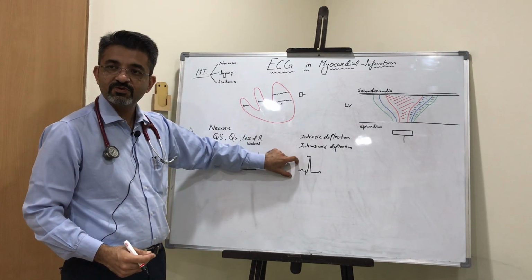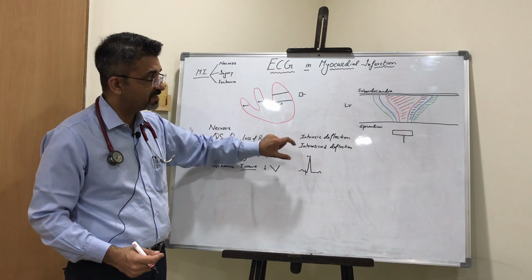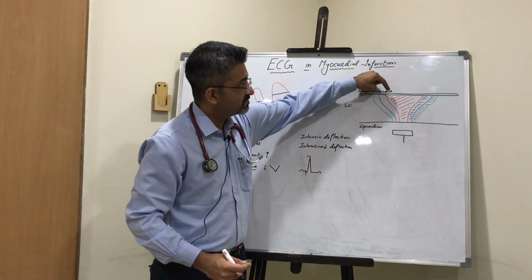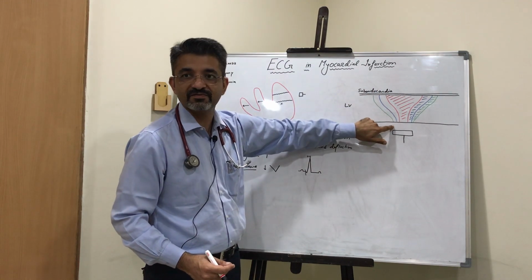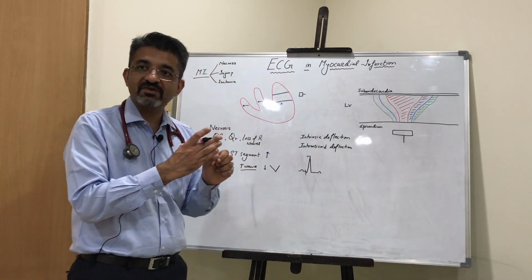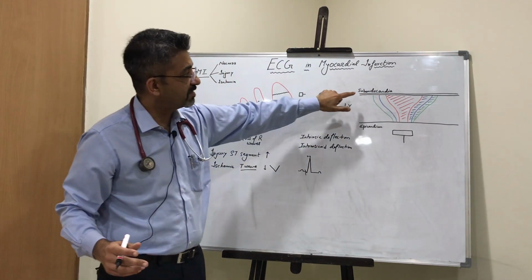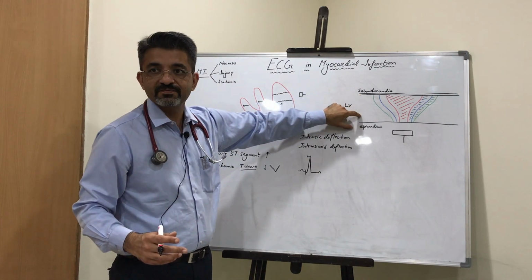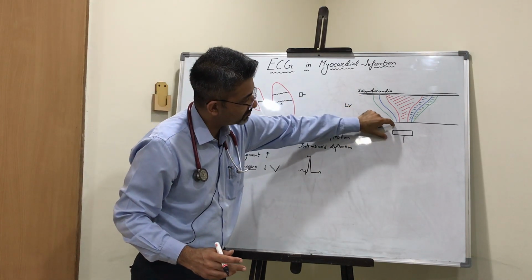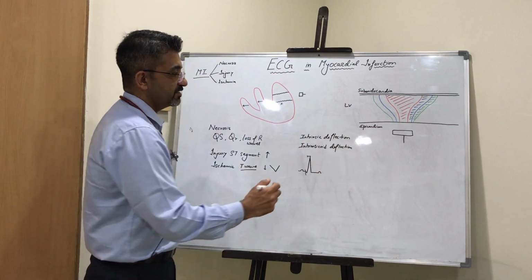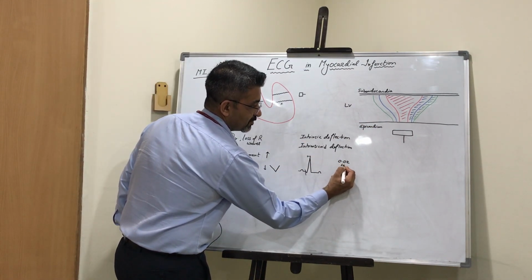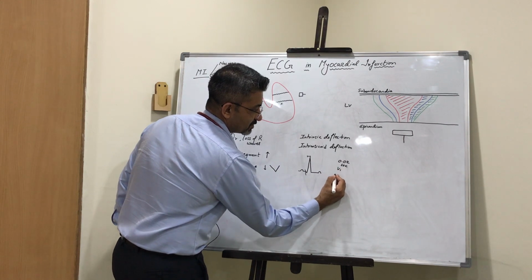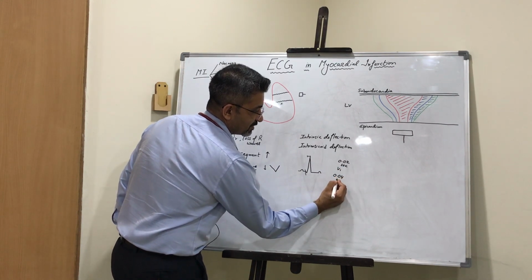It means that the current traveling from the subendocardial surface has reached the epicardial surface. So if I place my electrode just over the myocardium, it will take around 0.02 seconds in lead V1 and 0.04 seconds in lead V2.